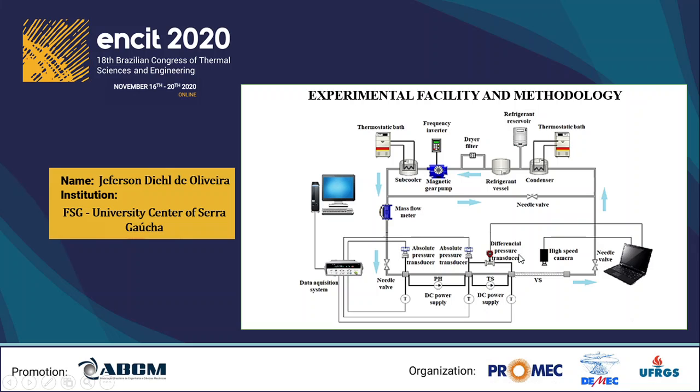The test section consists of the same tube and diameter, with total length of 366 millimeters and heated length of 265 millimeters. As well as the preheater, the test section is heated by Joule effect, and the intensity is also controlled by a power supply.